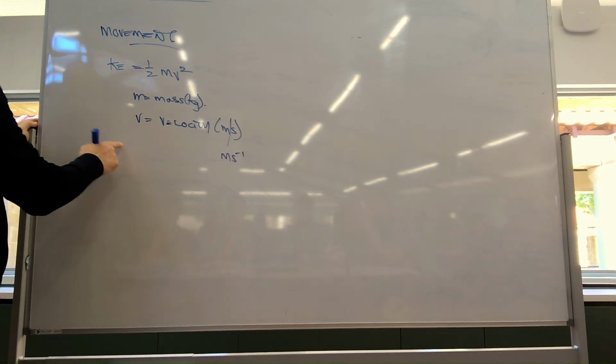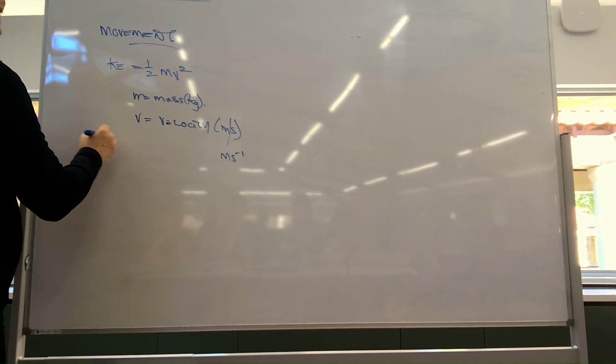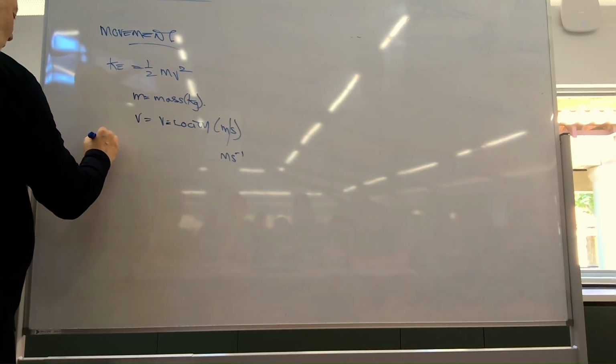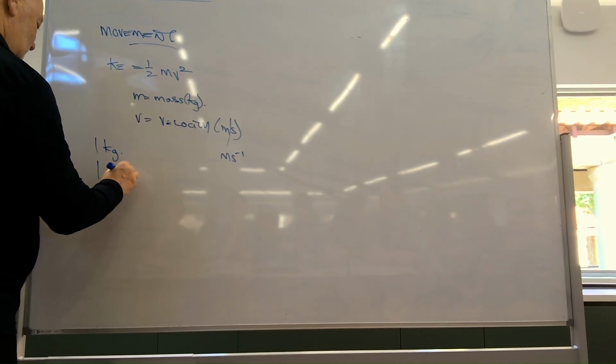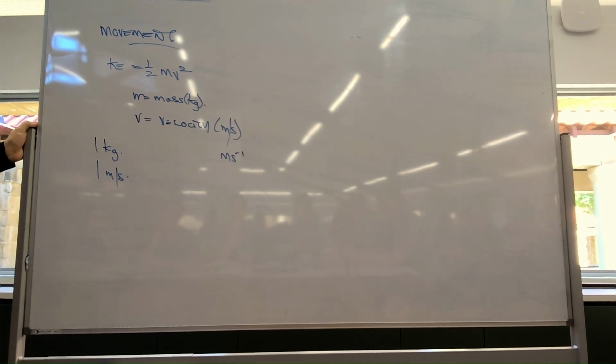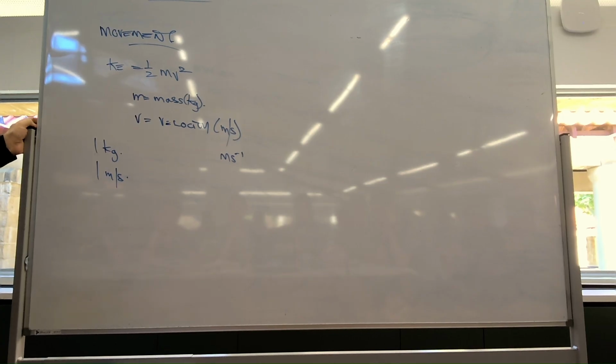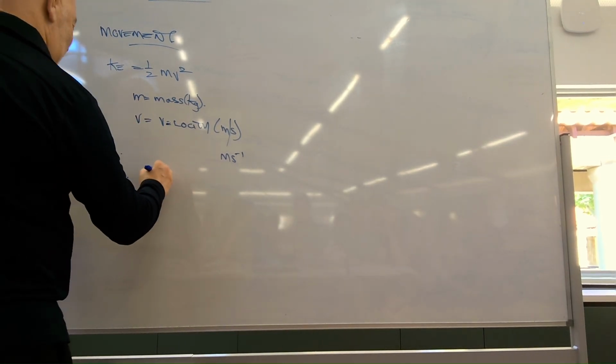If I said an object has a mass of 1 kilogram and it was moving at 1 meter per second, and asked you how much kinetic energy it had, then we would just use this.